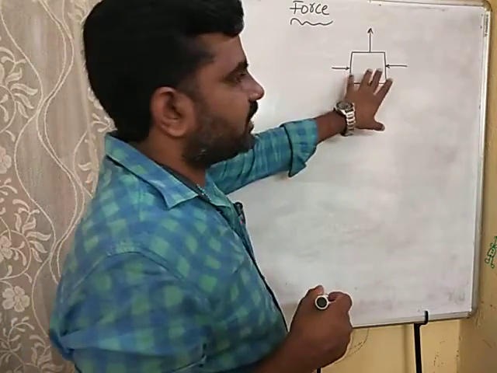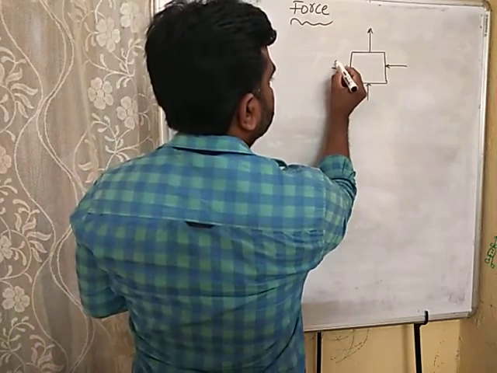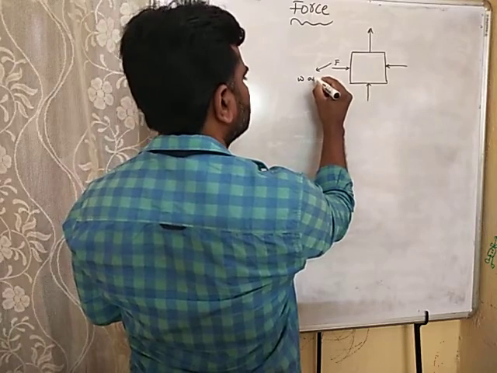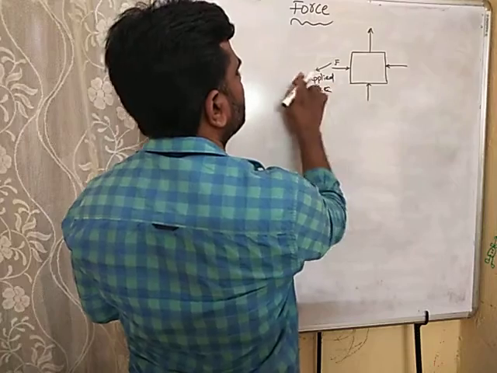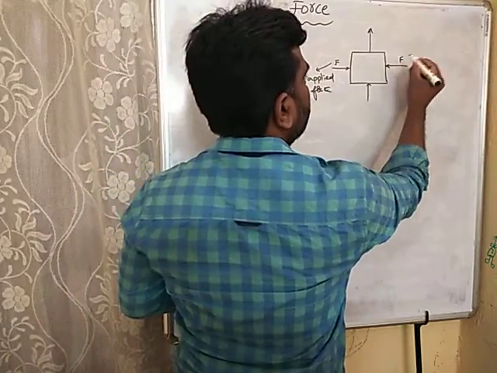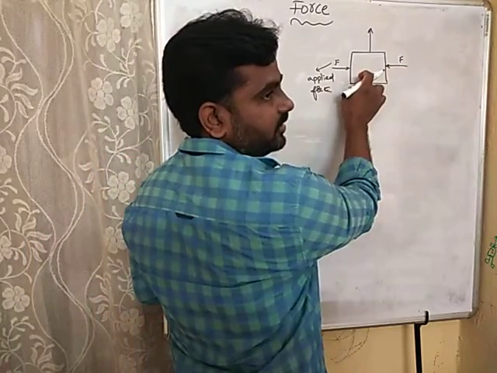So assume that here it is a body and this arrow is nothing but the force which we are applying, or in other words it is called applied force. We have learned already that there is another force called friction force, which always opposes the body, isn't it?